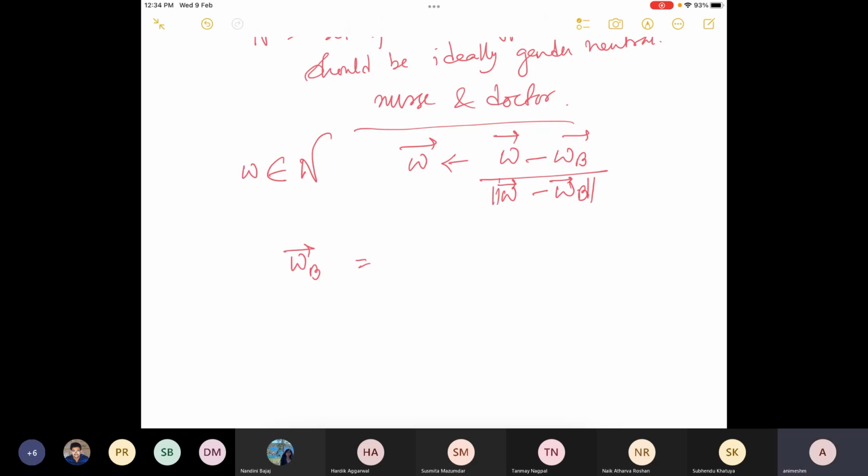Any guesses? Come on, no guess. This was already talked about when we were discussing the empirical observations of direct and indirect bias. What is WB?